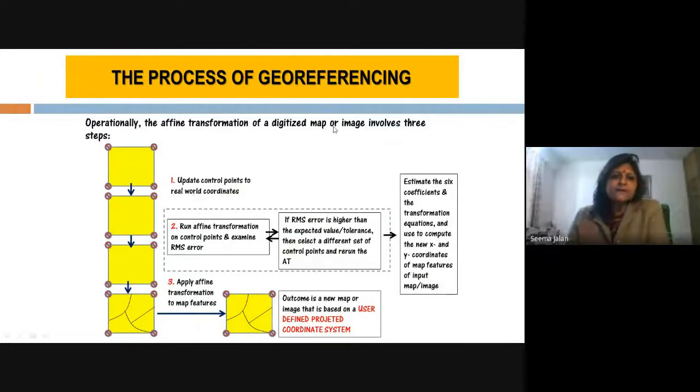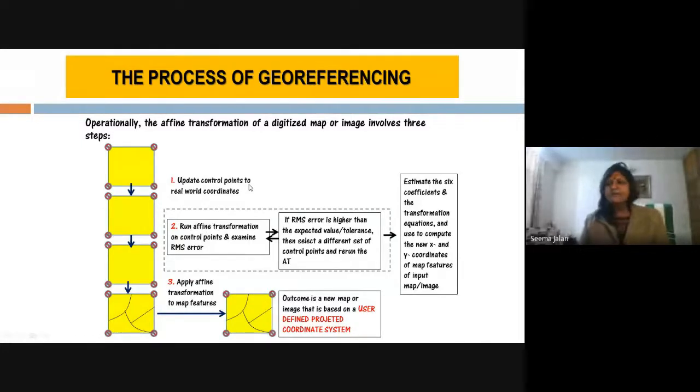What you have to do for georeferencing: first of all, you need to identify the control points. Now the question arises, where do I go to find the control points? There may be several sources. First, I told you that you can go to the actual field, take a GPS, record the coordinates and come back.